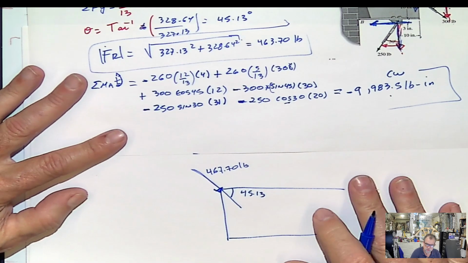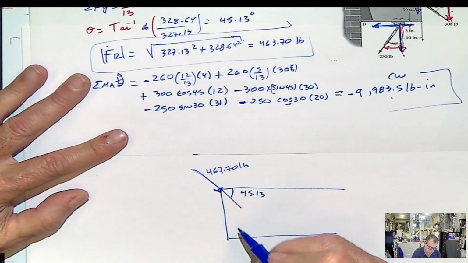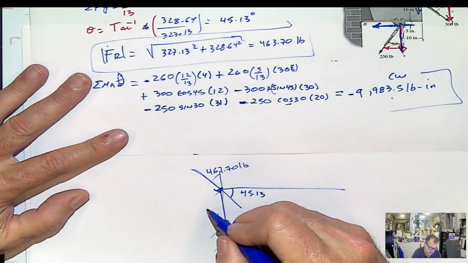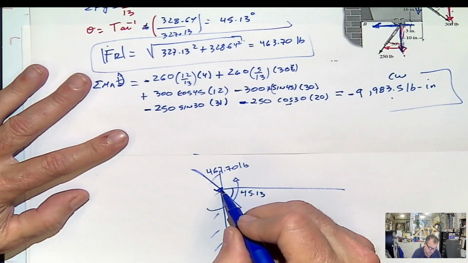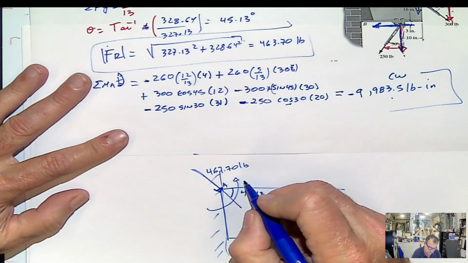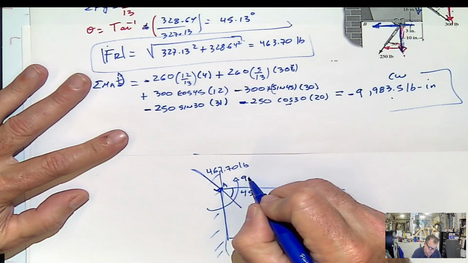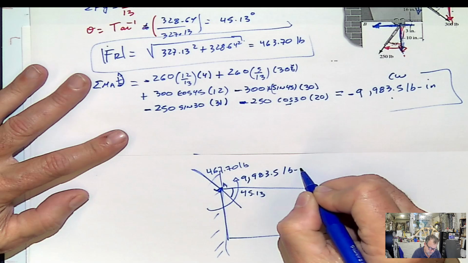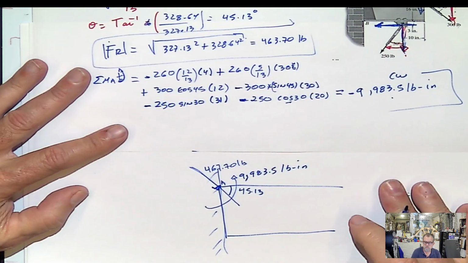That will be the resultant force and the application. This is the wall, okay? And also a clockwise moment in this direction. This is the point A of 9,983.5 pounds per inch. That will be the solution for the first part.